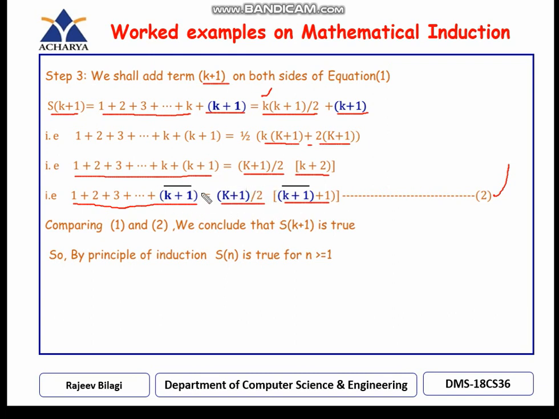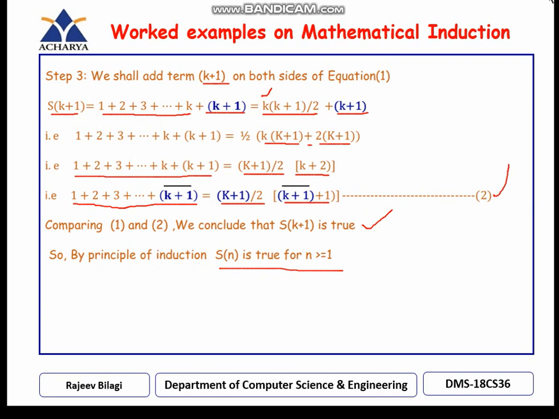Now here it is k plus 1. So wherever you have k, you should get k plus 1. That is why k plus 1 divided by 2, k plus 1 plus 1. So comparing the first equation and second equation, I can say that k plus 1 is true. So by mathematical induction, I can say that S of n is true for any n greater than or equal to 1.